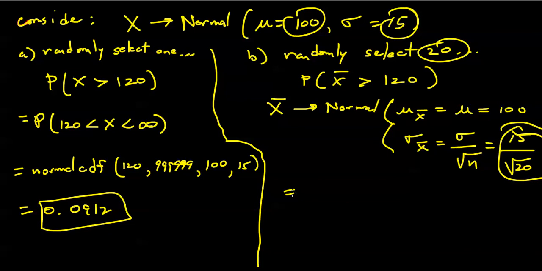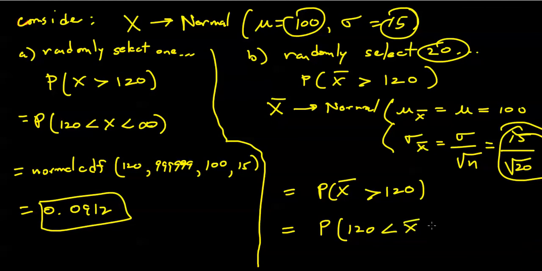In simple strokes, this type of problem is quite the same as part A. Really only one value changes, your standard deviation. So the probability that X bar is greater than 120 is the same as the probability that X bar is greater than 120 but less than positive infinity.